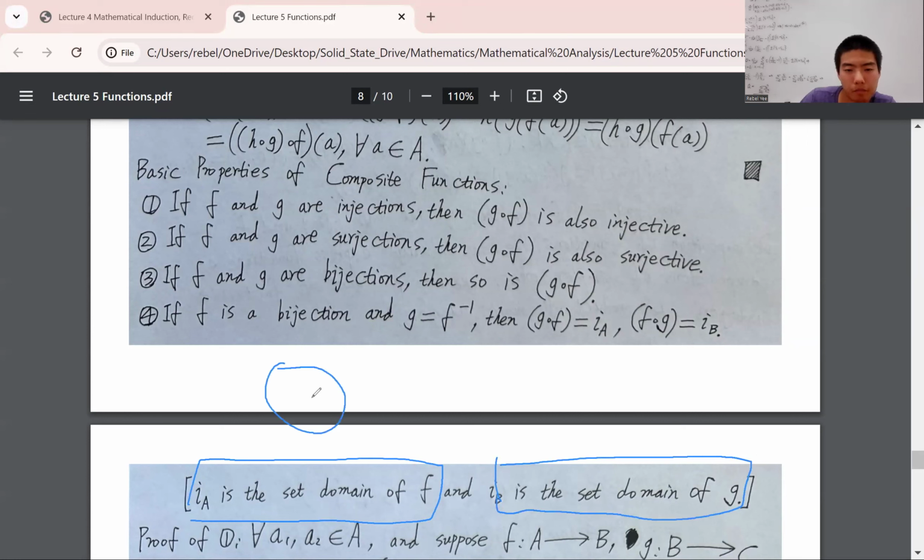So f typically moves from A to B. If we first do f, and then do g, which is the inverse of f, we get back I_A. And if we first do the inverse of f, which goes from B to A, and then do f in the end, it goes to I_B again. So this is how the composite function and its inverse are related.